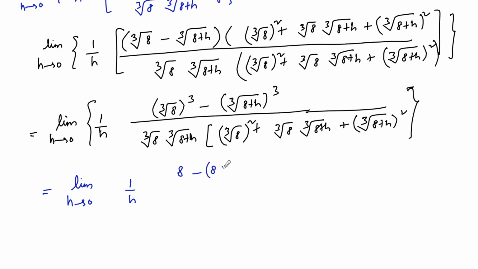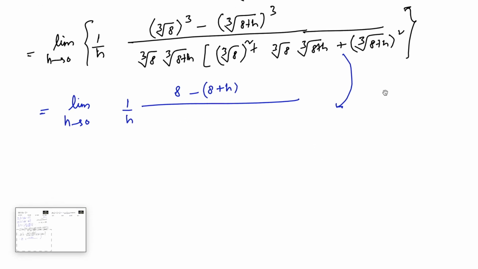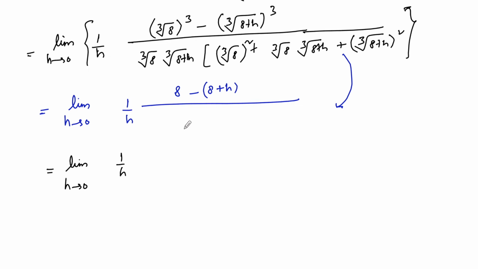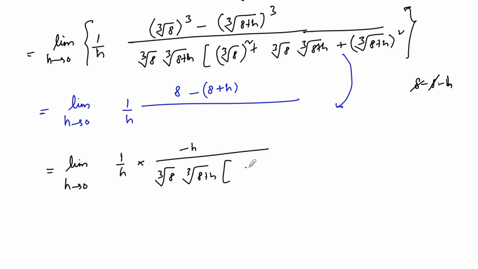So 8 minus of 8 plus h upon the same thing we can write here, and then limit h tends to 0, 1 upon h times of, the numerator part can be simplified, 8 minus 8 minus h, so 8 and 8 get cancelled, so we'll have minus h upon cube root of 8 into cube root of 8 plus h into cube root of 8 whole square.